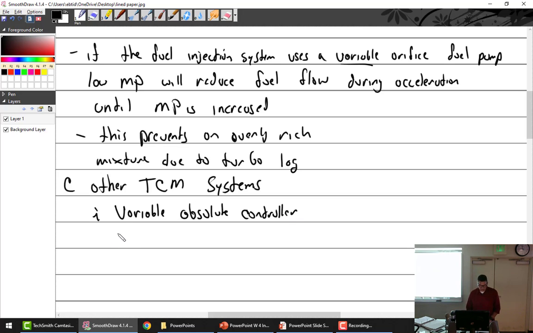That one's pretty easy to talk about. It combines all 3 into 1 unit. So it's got the rate of change.